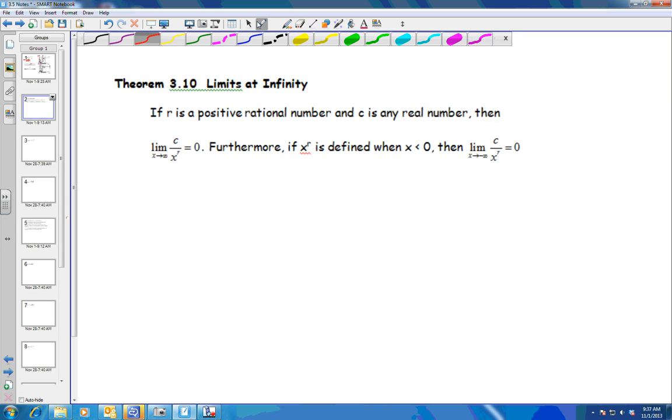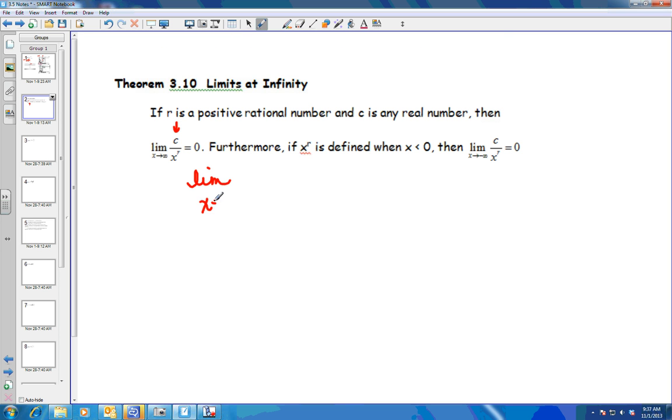All right, so let's say our c right here is 5, so I'm finding the limit as x approaches infinity of 5 over x to some power. We don't know what that is. Let's just say it's 5 over x squared.